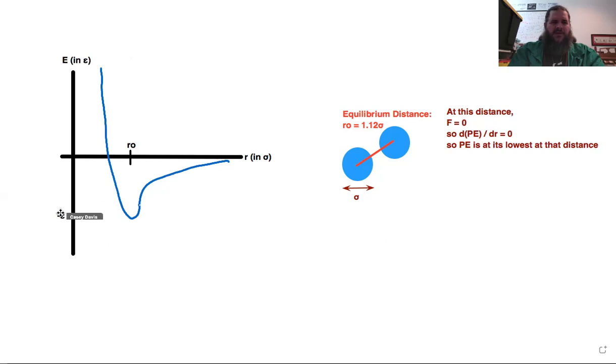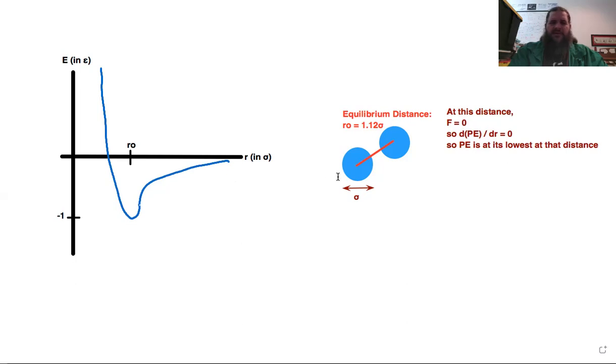If we think of epsilon as a unit of measurement, we could just call this -1. But keep in mind that means -1 epsilon, in the same sense that r naught is 1.12 sigma. So that would be our characteristic shape of the potential energy graph of these two particles.